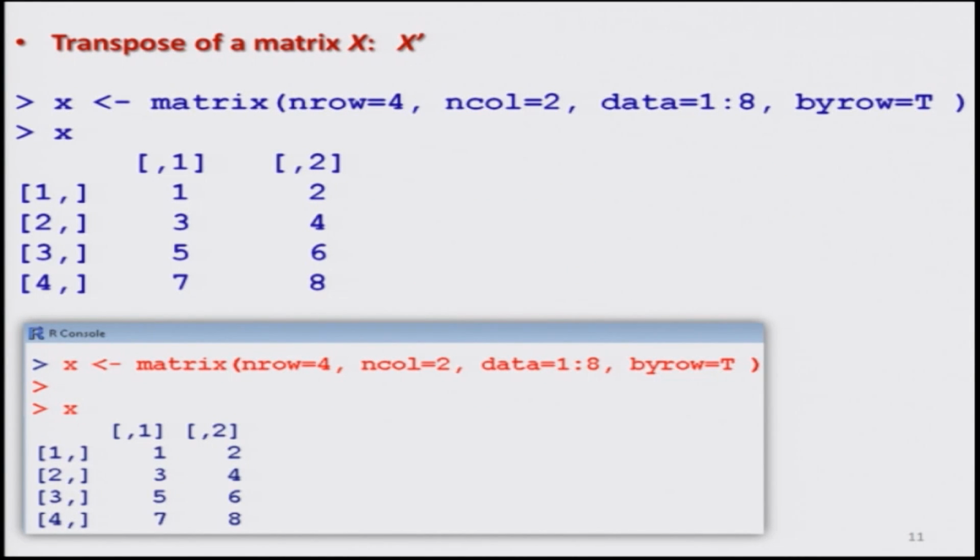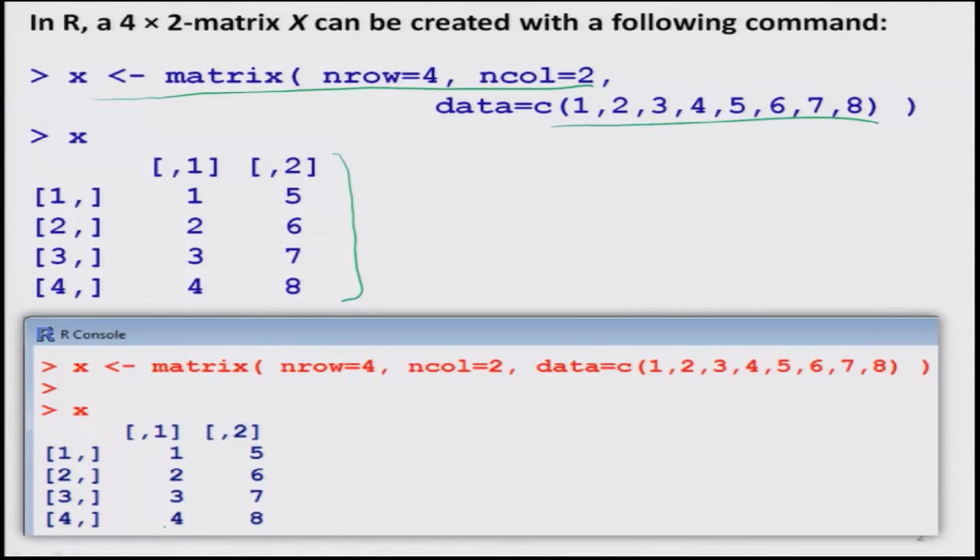So, the next thing which I would like to tell you is the following. You see, earlier, if you remember, I had created a matrix X which was containing the data values 1 to 8. I can show you where you did it.